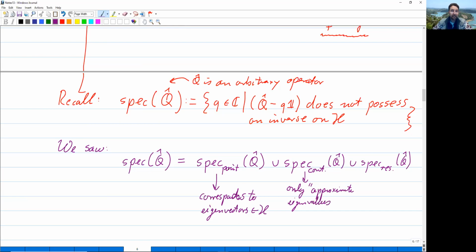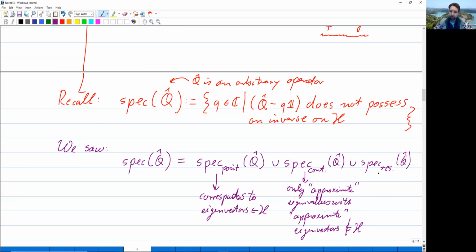So the elements of the point spectrum we call eigenvalues. The elements of the continuous spectrum we call approximate eigenvalues with approximate eigenvectors. And for now, we have to say, well, they're not in the Hilbert space. What the deal is with these approximate eigenvectors, we will see later.